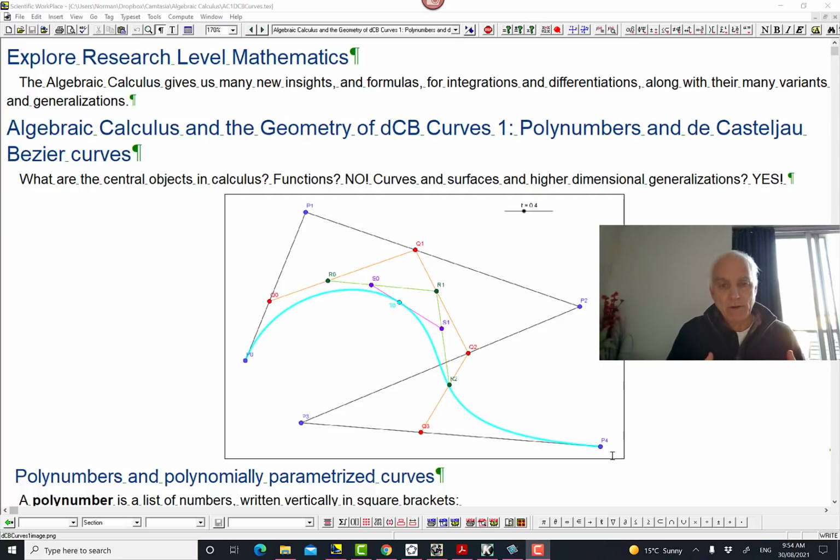And it's the geometry of these DCB curves which interacts in a beautiful way with the algebra, or maybe the analysis of the curves themselves. So you see that there's a kind of discrete aspect, because the entire curve is controlled by these 5 control points. It's a very discrete thing.